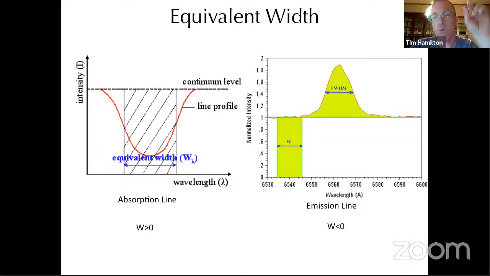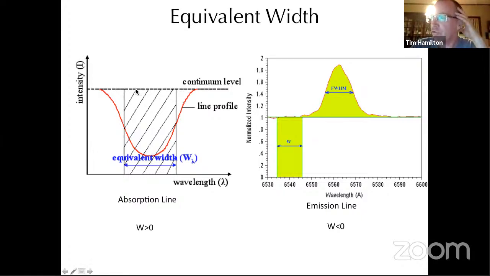What we do is we draw a rectangle which has the same area as our line does between the continuum and the spectrum, but it goes from the continuum level all the way to 0. Our line profile may not actually go all the way to 0. It may not be fully absorbed, though most of them are.